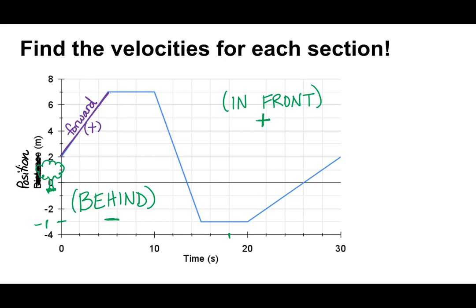This section right here, I start at 7 meters and I stay at 7 meters for this much time. Therefore, I am stopped. If I'm stopped, my slope is 0. Now, what I'm going to do is go from 7 meters, go all the way back to the tree, and then start going behind the tree. This means I'm moving backwards.